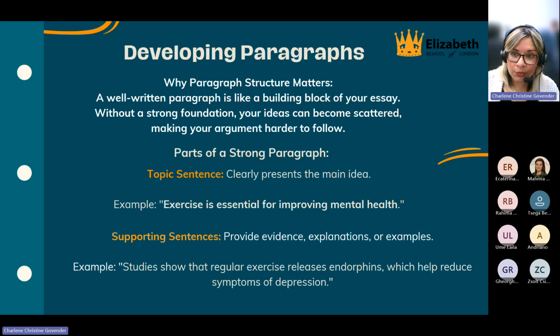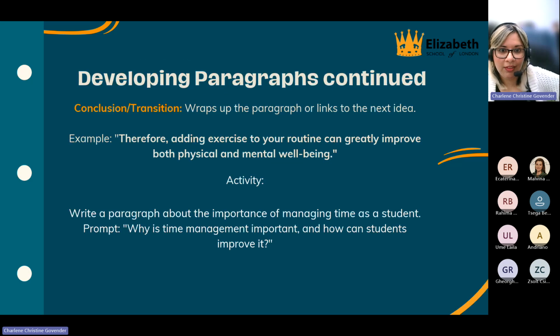Okay. So when you are writing, think of your topic sentence for each paragraph and then think about your supporting sentences that support your claim of what has been said. So yeah, those studies show that regular exercise releases endorphins, which help reduce symptoms of depression.